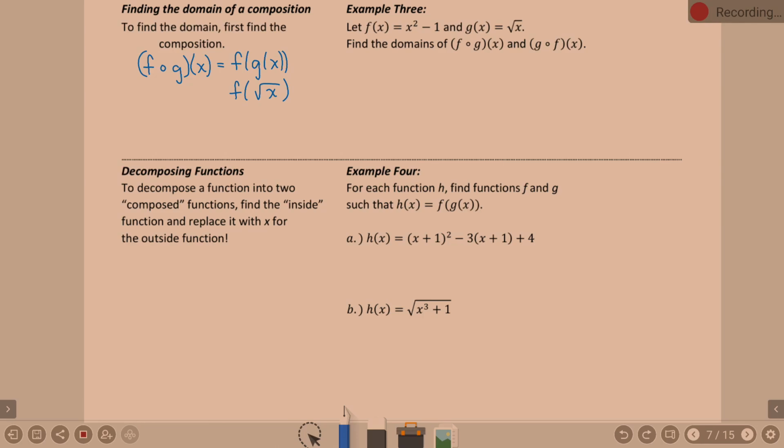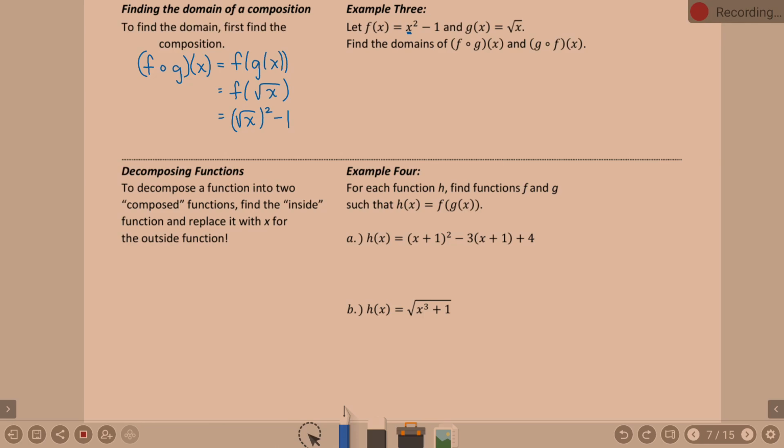What is f supposed to be? x squared minus 1. So instead of x squared minus 1, what am I putting in place of x? The square root of x, squared, minus 1.